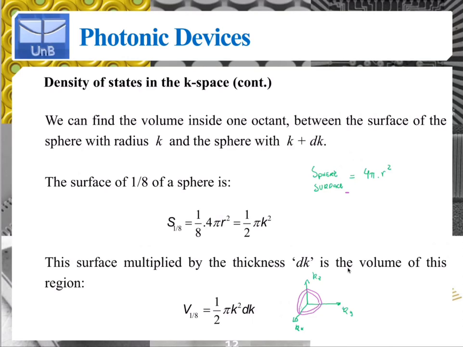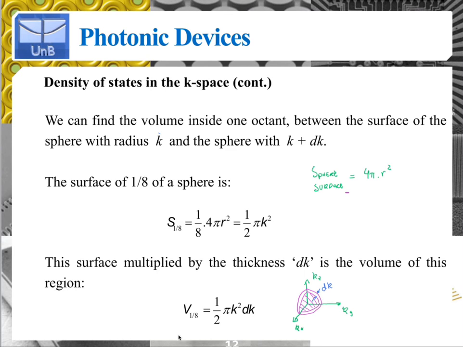And if you take the surface of the inner octant and multiply this by the thickness dk, considering that dk is a differential, the inner surface and the outer surface areas are almost identical. So if you multiply dk by the surface of the inner sphere, you get the volume of the shell.